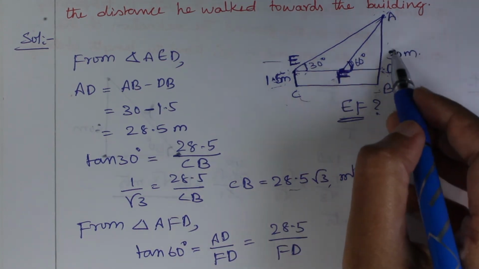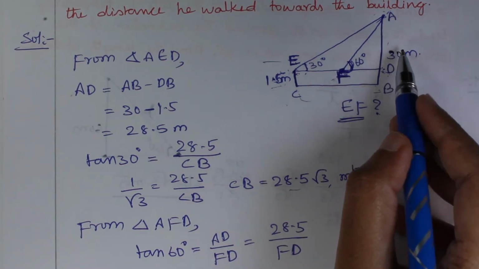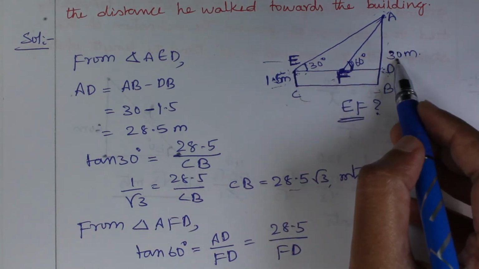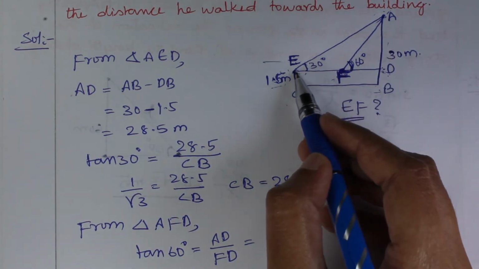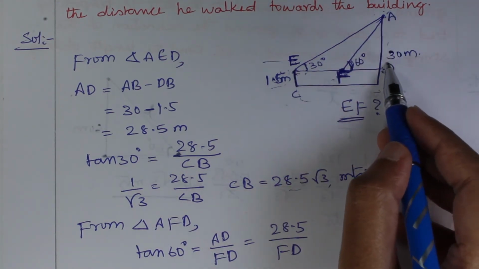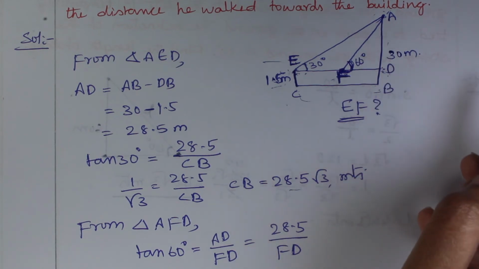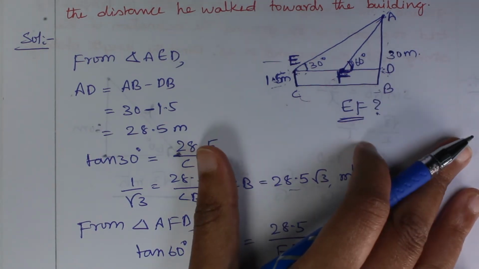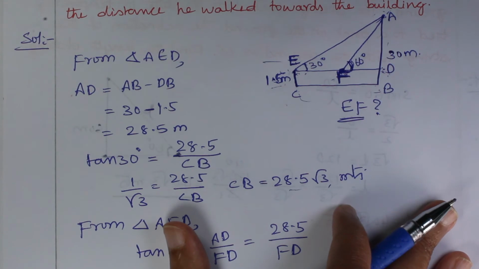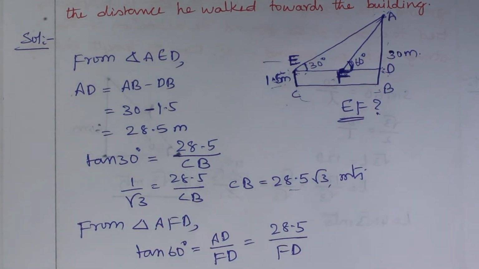Okay, and for AD, we have to subtract the 1.5 meters from the height of the building, because the line of sight is from the eye of the boy. So that's why we are subtracting 1.5 meters from the 30 meters. Okay, hope this figure is clear. If you did not understand this problem, pause this and revisit the problem again so that you are clear with the concept.